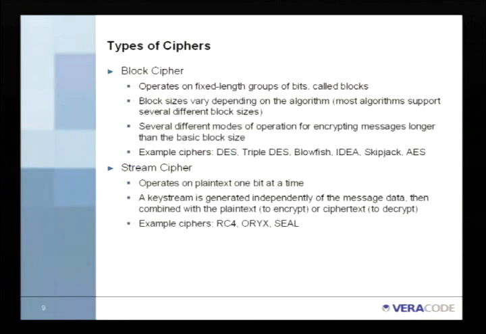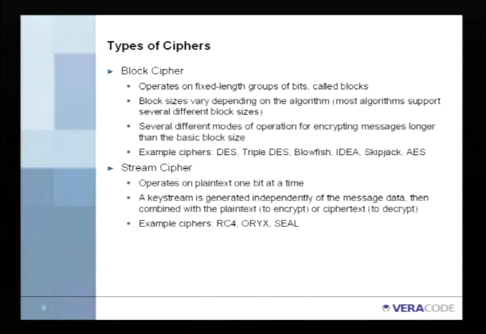Okay, the quick refresher. I'm going to breeze right through this. Two types of ciphers: block cipher and stream cipher. A block cipher operates on groups of bytes at a time, so you may encrypt 8 or 16 bytes at a time, given a certain algorithm.